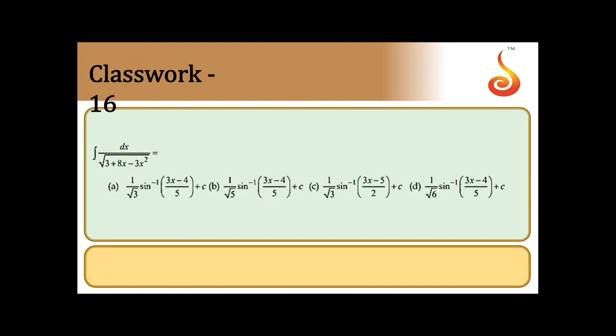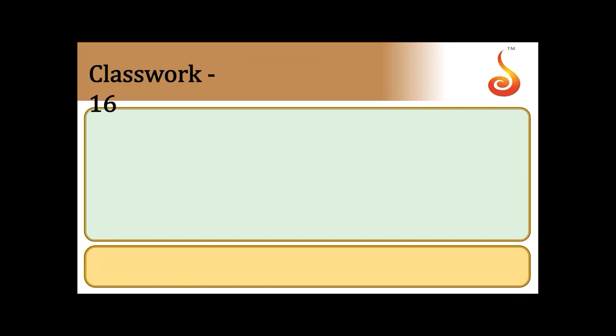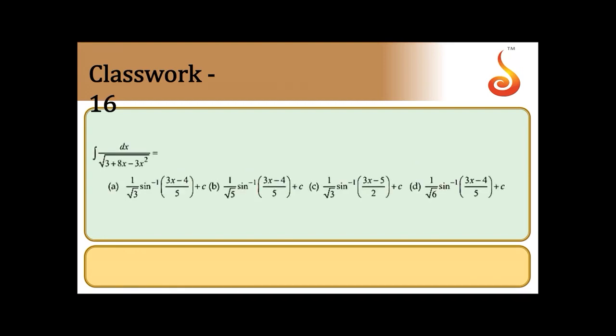Now coming to the next one. Integral 1 divided by root of 3 plus 8x minus 3x square. Yes, of course, taking 3 common here, root 3, 1 by root 3 times integral 1 divided by under root, so 1 plus 8 by 3x minus x square dx. And this we need to simplify.